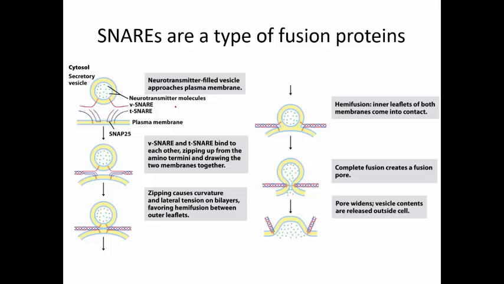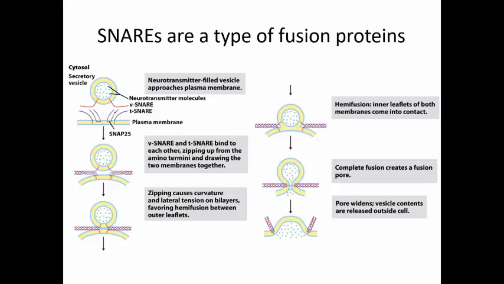So once you get the ends of these together and they start forming their coiled coil, what's going to happen is they're going to want to keep folding up until the entire thing is a coiled coil. That is going to literally pull the vesicle close to the plasma membrane. So they're pretty long things, so they can reach out and they can grab each other when the vesicles are still a little bit far away.